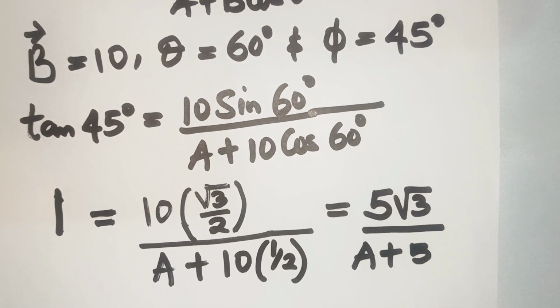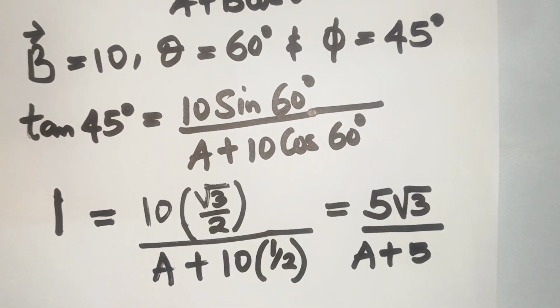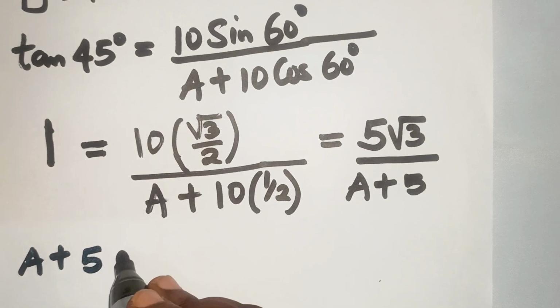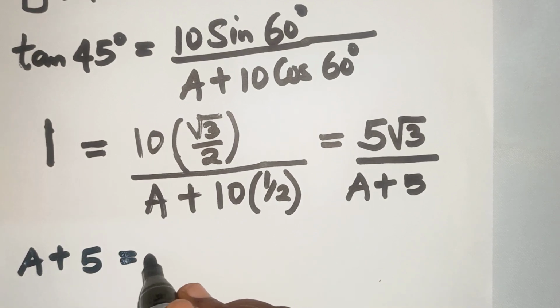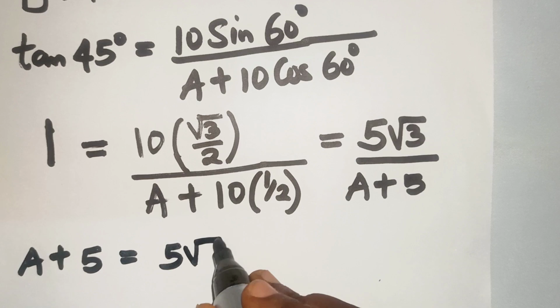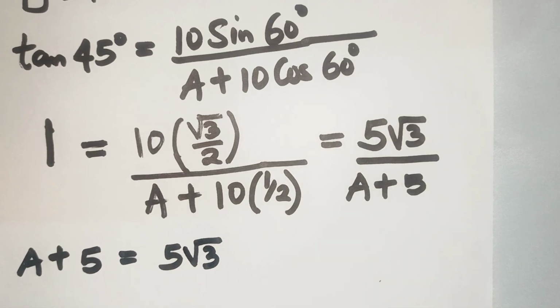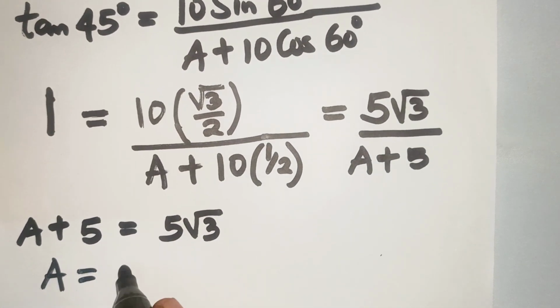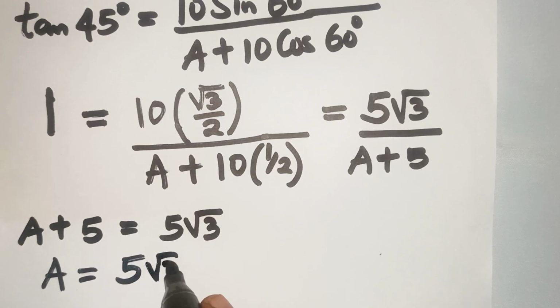So if we cross multiply, we will have A plus 5 is equal to 5 root 3. A is equal to 5 root 3 minus 5.